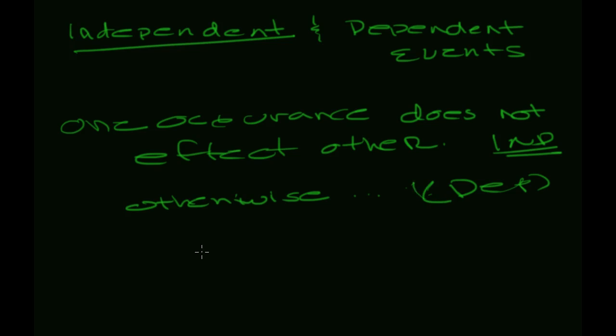Okay, so how does this matter? Well, if they are independent, that means that for the probability of B occurring given A, A doesn't matter.